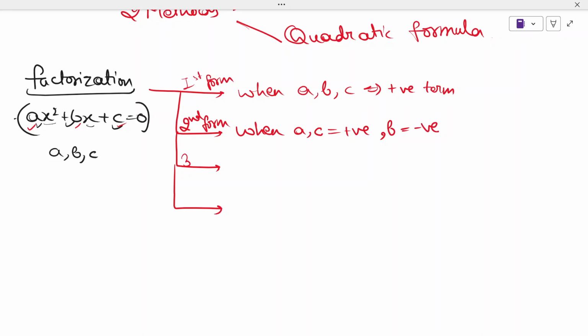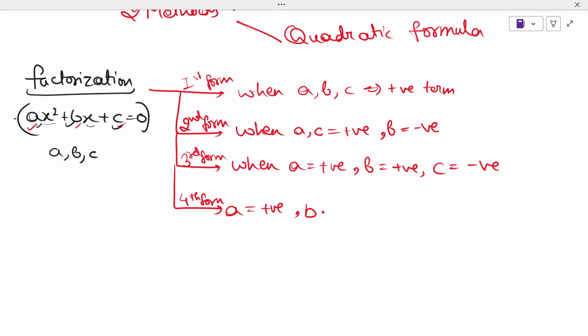Third form is when a and b are positive terms, and c is a negative term. And the fourth form of factorization is when a is a positive term and b and c are negative terms. So let's start with our first form of factorization.